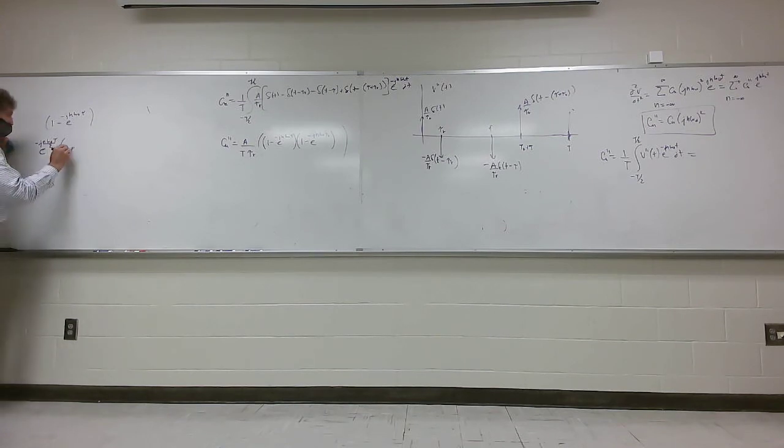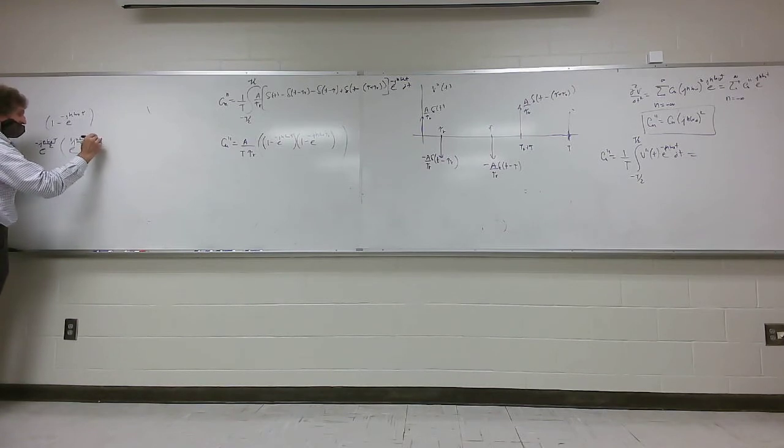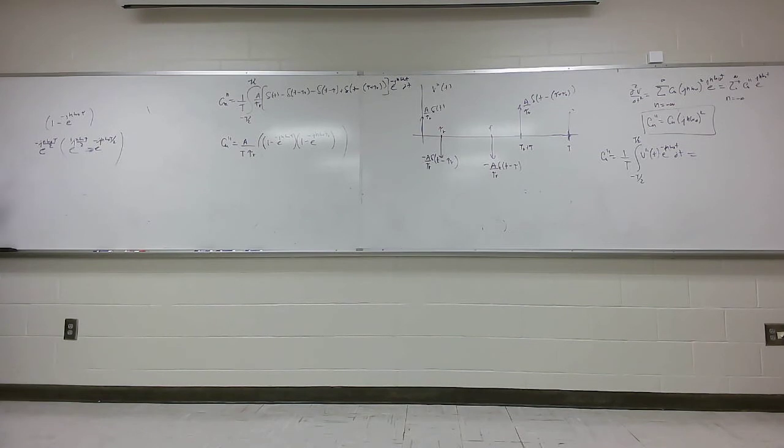So I have e to the plus j n omega naught tau over 2, or minus, pardon, minus e to the minus j n omega naught tau over 2. Now y'all see how if I factor this out of here, this times this is 1, right? And this times this is that. Now y'all see that? Why did I do what I did?